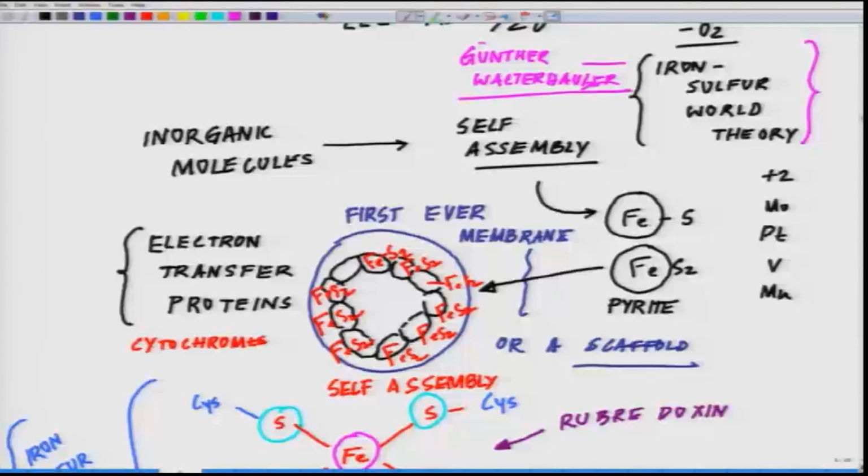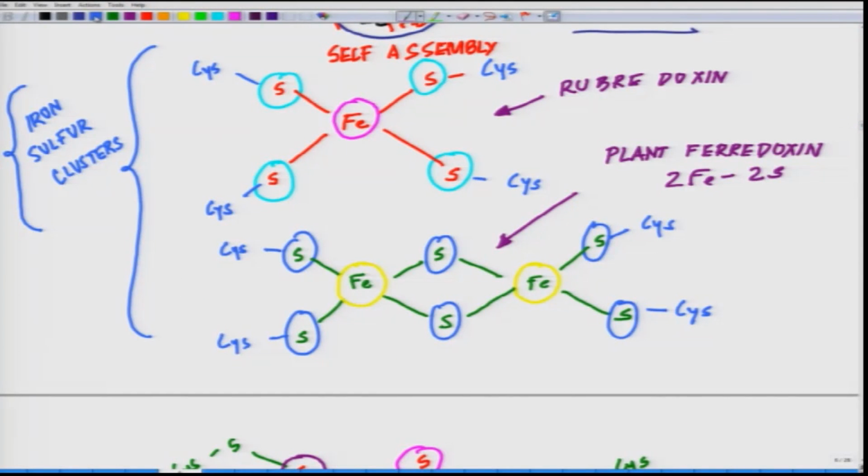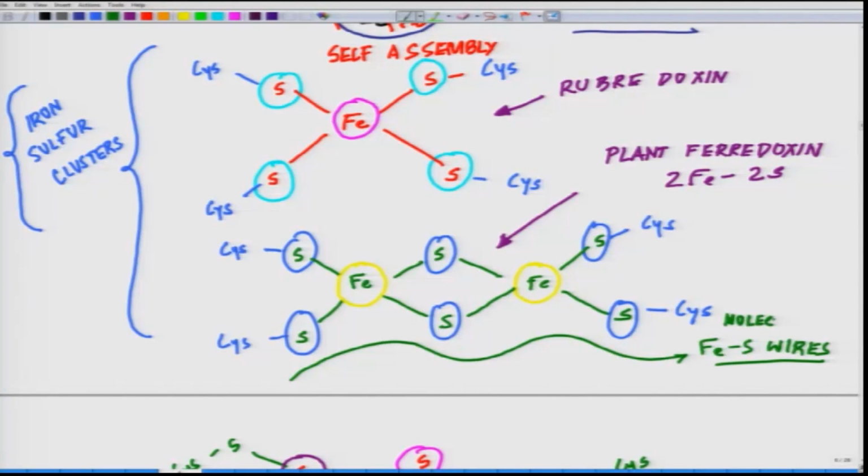If you look at the iron-sulfur clustering very carefully, it will almost look like iron-sulfur wires, as if these are the molecular wire of iron and sulfur. So, from there today what we will do, we will discuss.